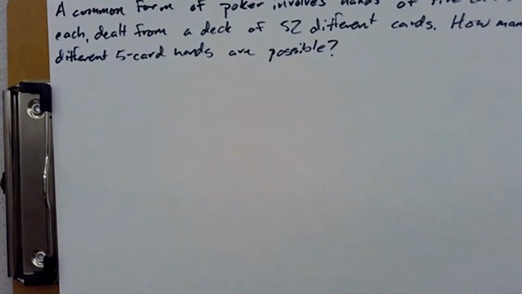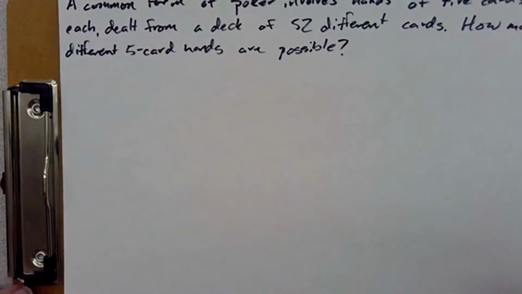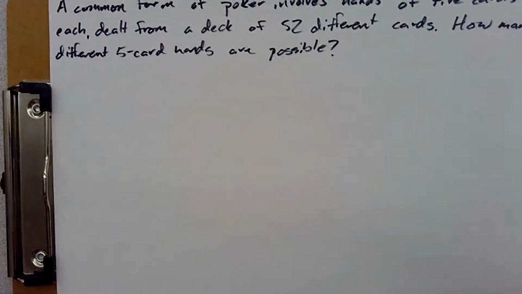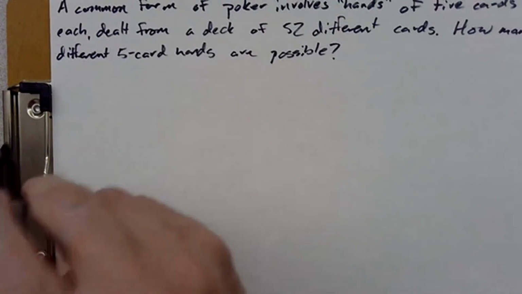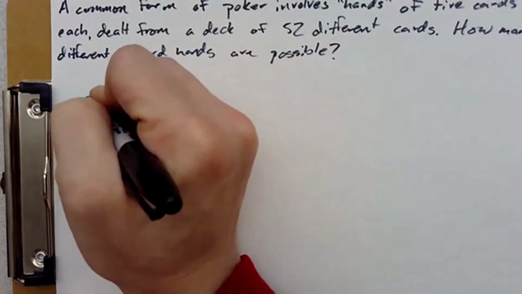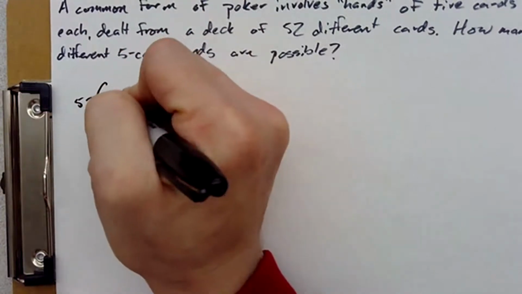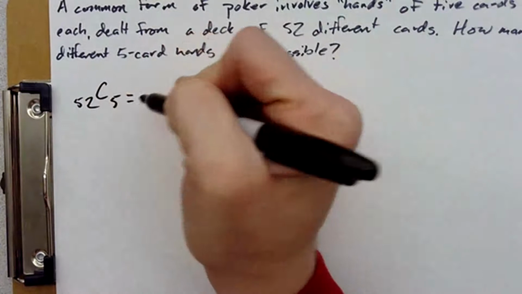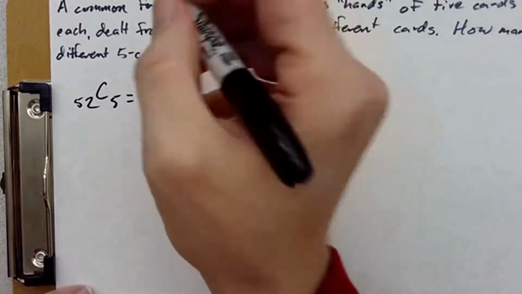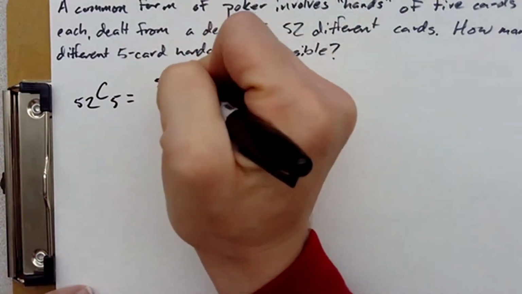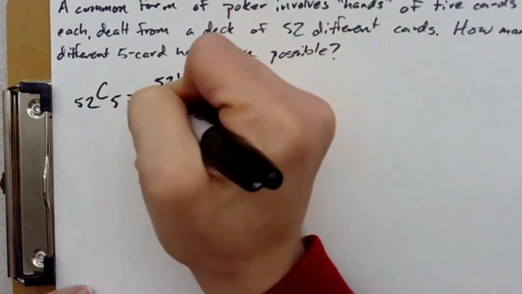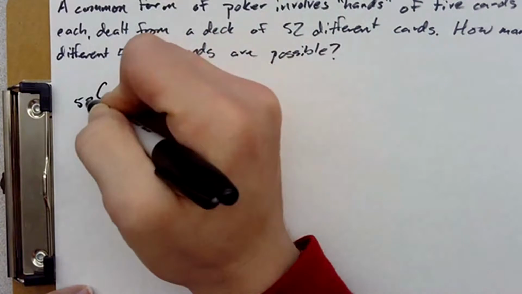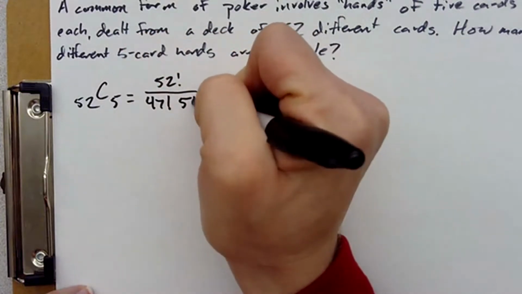A common form of poker involves hands of 5 cards, each dealt from a deck of 52 different cards. How many different 5-card hands are possible? Well, here, this is just as simple as 52 choose 5. Okay, well, 52 choose 5 is 52 factorial over 52 minus 5 is 47 factorial times 5 factorial.